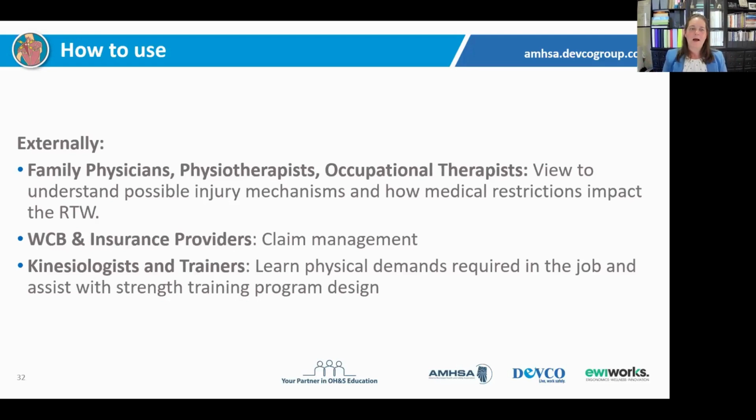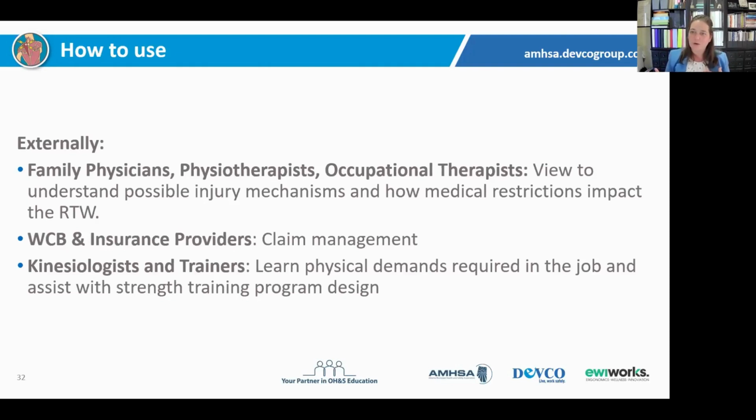Who knows? Family physicians, physiotherapists, occupational therapists, sometimes they look at these job demand assessments because then they get a picture for exactly how their patient may have injured themselves, and how the medical restrictions that they're going to be providing to their patient might affect them afterward. I like for kinesiologists or trainers to be looking at the physical demands of what's going on.